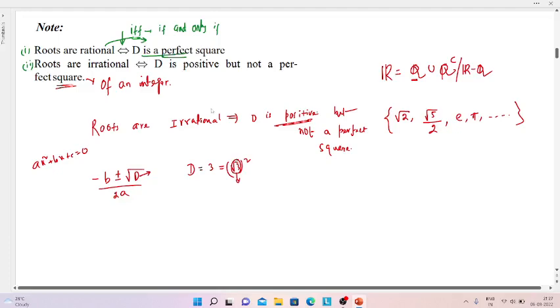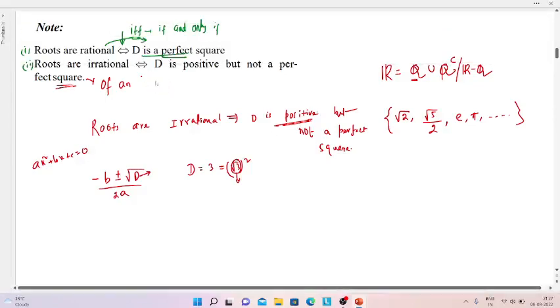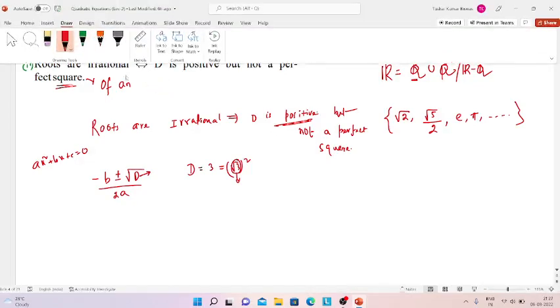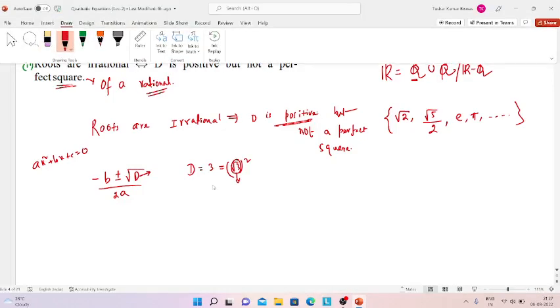So wait a second, I have to take rational here, sorry. I have to take the perfect square of a rational number here.